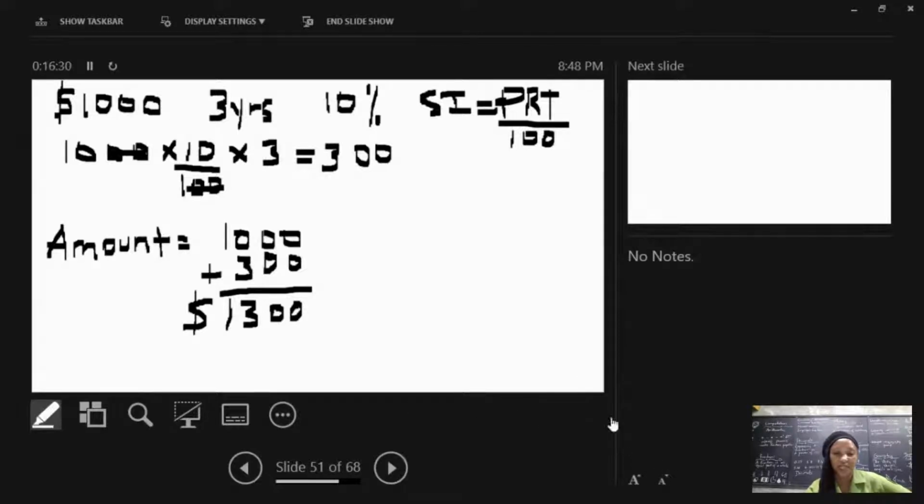let's continue. So let me just explain then what is on the screen here. So we're making a comparison between the simple interest and the compound interest. Give me a second, please. All right, between the simple interest and the compound interest.